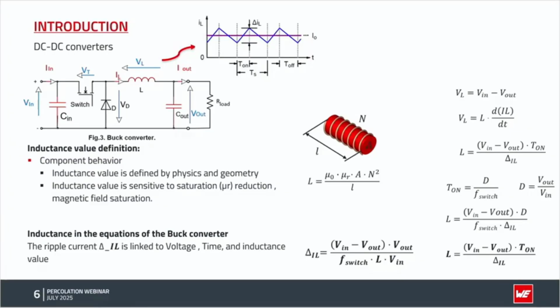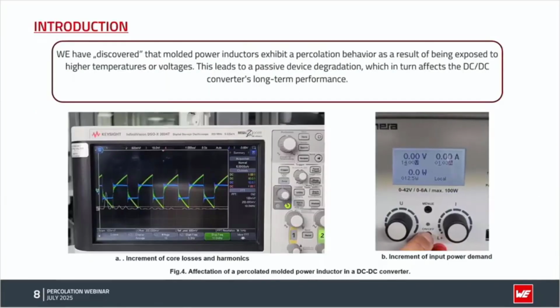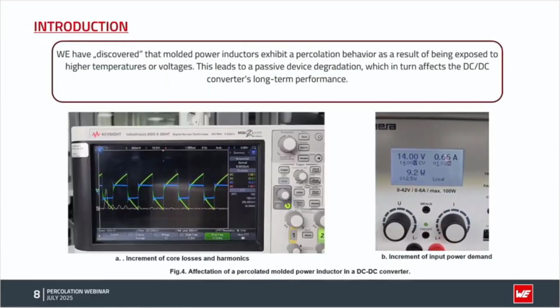That is important to mention here, because inductors are among the most constant components in terms of reliability. So people who work in that direction come to us asking, why do I have a failure? And that is the point of today. So let us see this video.